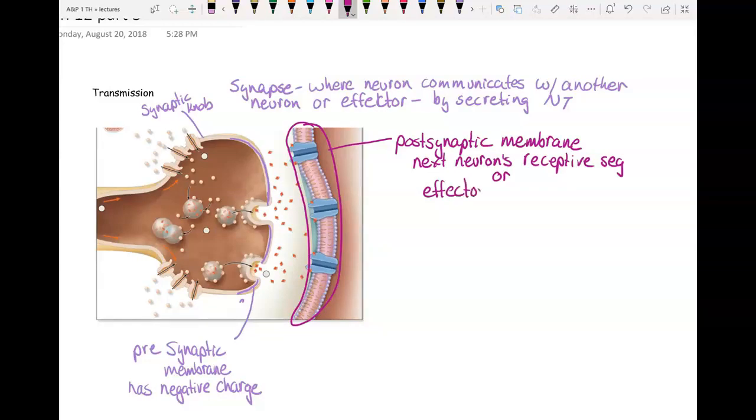Remember, effector is the organ that we're telling to do something. So this could be a muscle or a gland. And it could be skeletal, smooth, or cardiac muscle, any of the three. Then you have a gap between them here. This gap between them is called the synaptic cleft. So this whole area between the two membranes is the synaptic cleft.